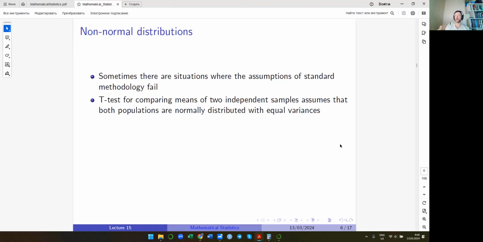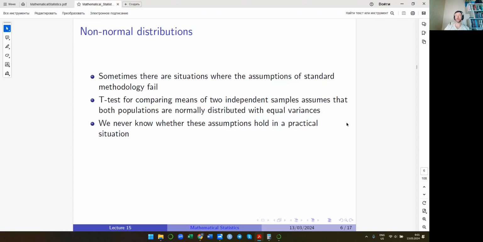Well, we also have a case when variances are not equal, and then we need to compute degrees of freedom in a specific way, but that was also an approximation. So usually the t-test exactly works when variances are equal. And we never know if this assumption holds in a practical situation. So that's a problem. We can apply a chi-square test in order to verify normality of the distribution, but we never know for sure that the underlying distribution is normal.